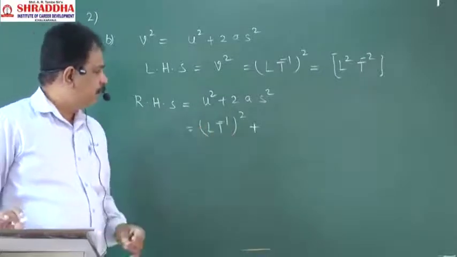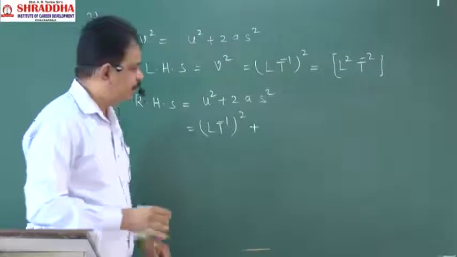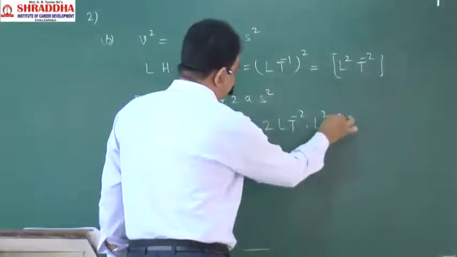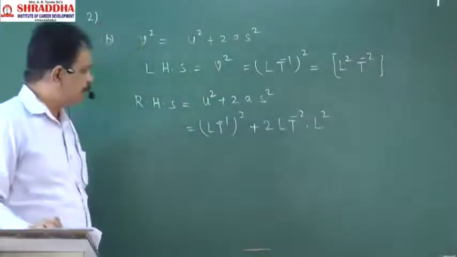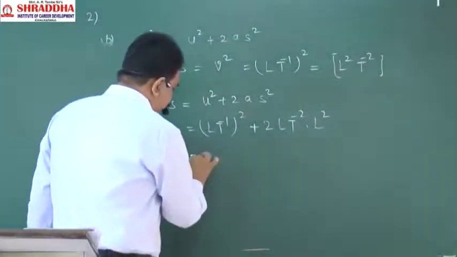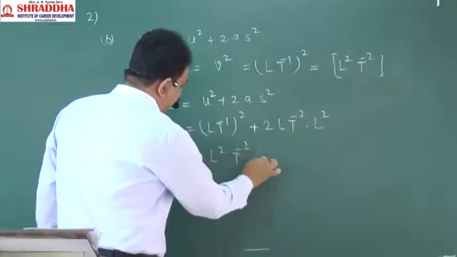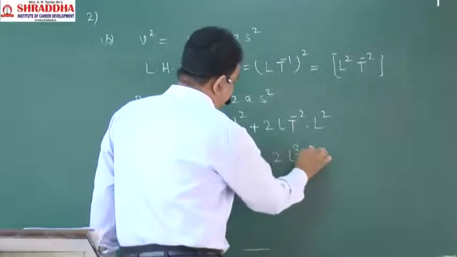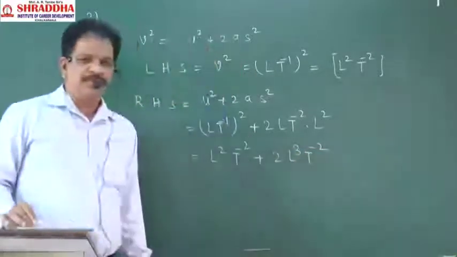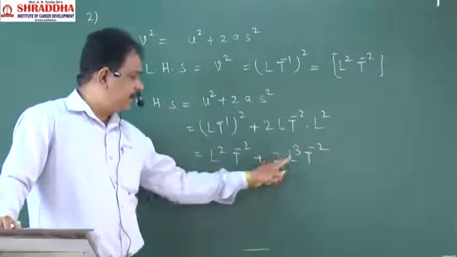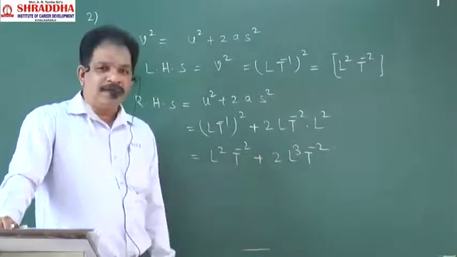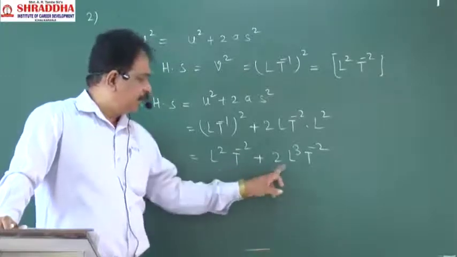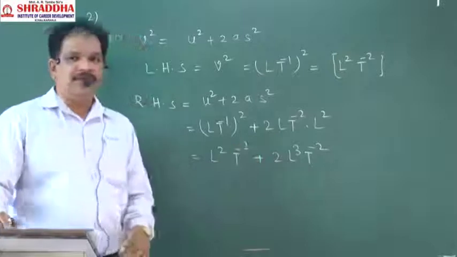So LT power minus 1 whole square plus 2 into LT power minus 2 into L square. So this value is L square T power minus 2 plus 2 into L cube T power minus 2. We cannot add these two. Why we cannot add? This is one physical quantity, this is another physical quantity.